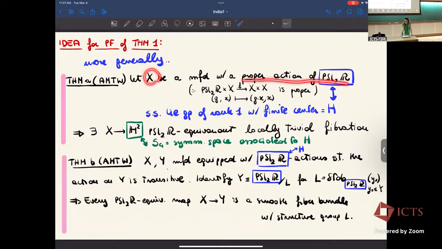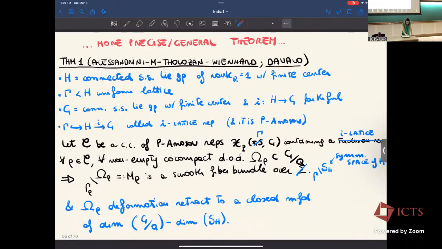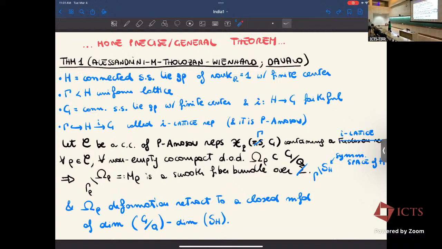I see. But in order to apply it to our theorem, X is the domain of discontinuity, omega. You have the limit curve that is invariant under the group, and so your domain of discontinuity is invariant under gamma, because gamma is a lattice.